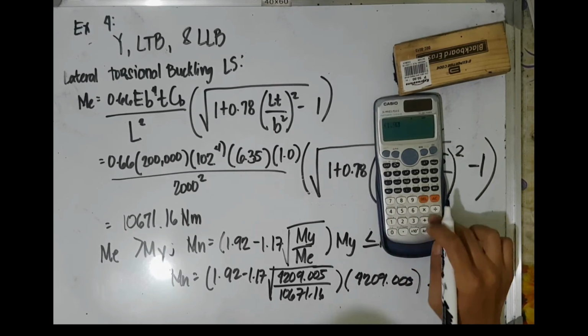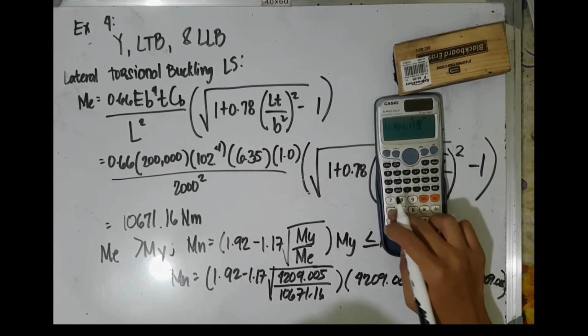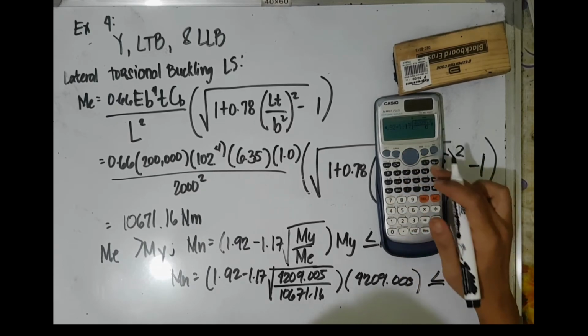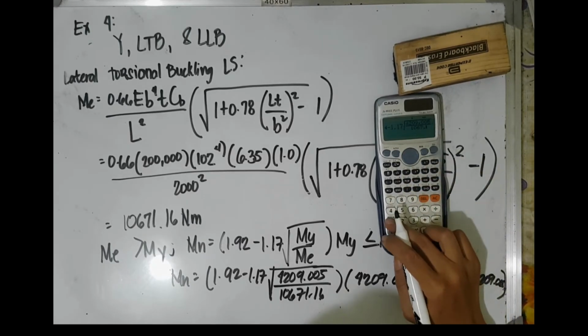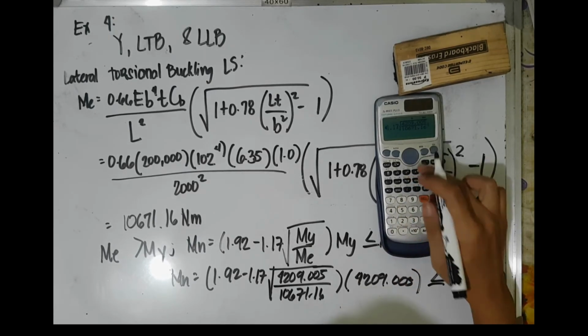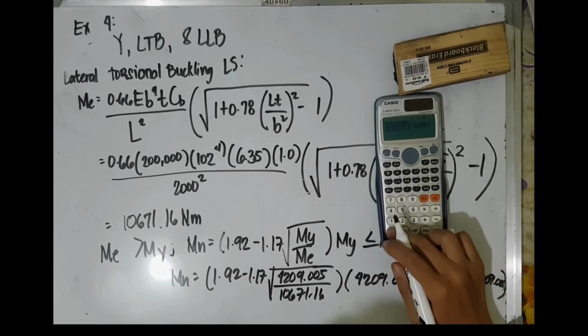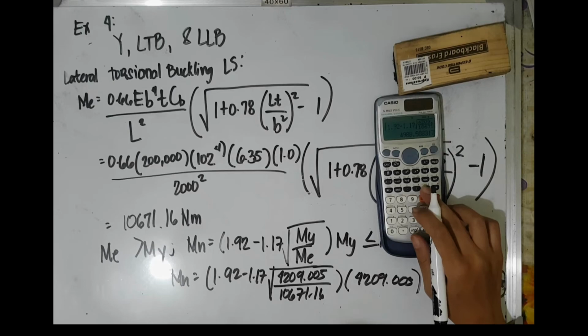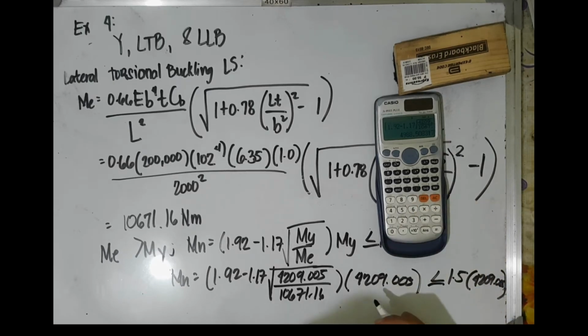Therefore, our nominal flexural strength would now be equal to 4,988.51 Newton meter.